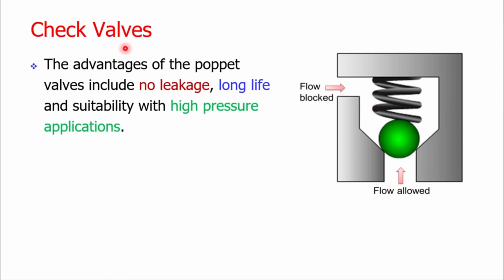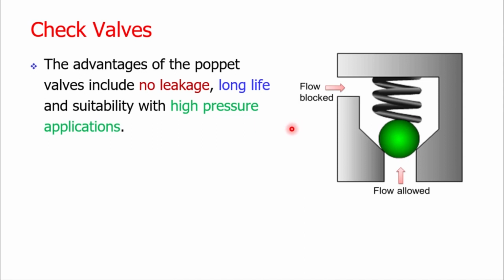In general, check valves offer advantages such as less leakage, and the life of the check valve is quite long. They are durable and very suitable for high pressure applications, but for high flow rate applications these valves are not that suitable.